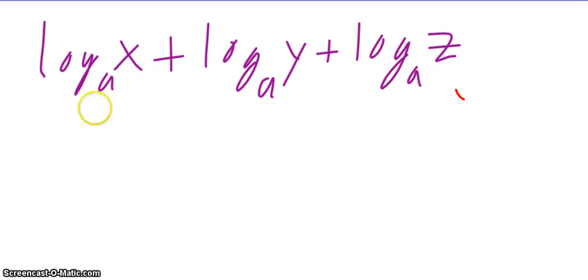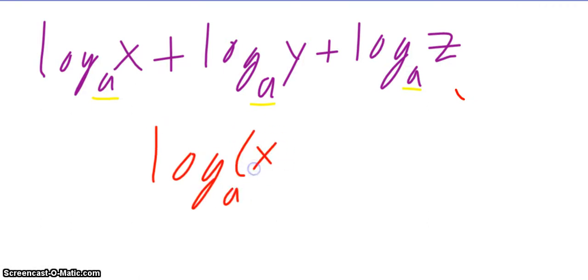The key thing is they all have to have the same base, and they're being added together, so I can combine them into a single log with that base and make this log base a of x, y, z, where the x, y, and z are all being multiplied together.